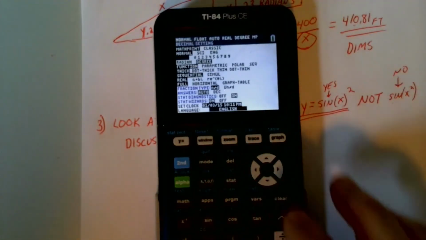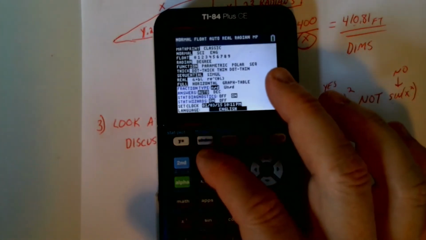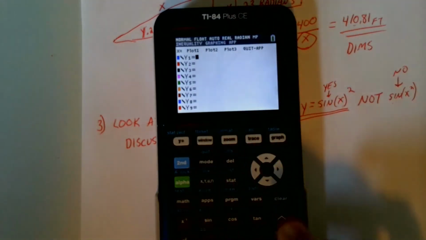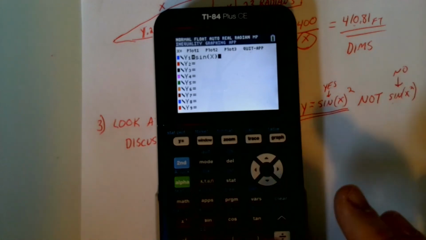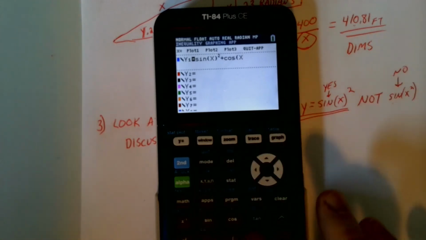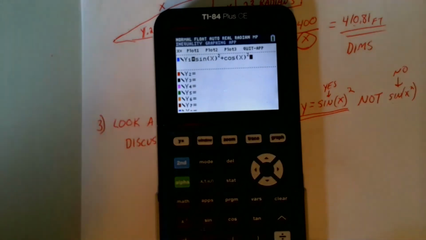Let's go back to radians, because I was in the regular mode for the graph for that. And I'll go back to my y equals, and then so sine squared x again looks like this. Sine x parentheses squared plus cosine x parentheses squared, and you guys might be having a little recall right now.